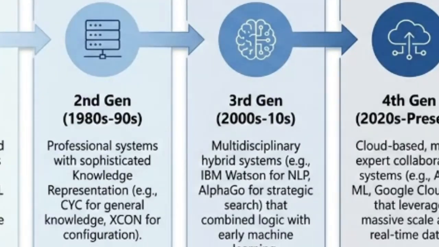Then we went to the second generation between the 1980s and the 1990s. That's where compute started growing, and we had professional, sophisticated systems, but not as good as they are today. During the third phase, we had a hybrid system. So we are moving into modern compute and microchip systems.